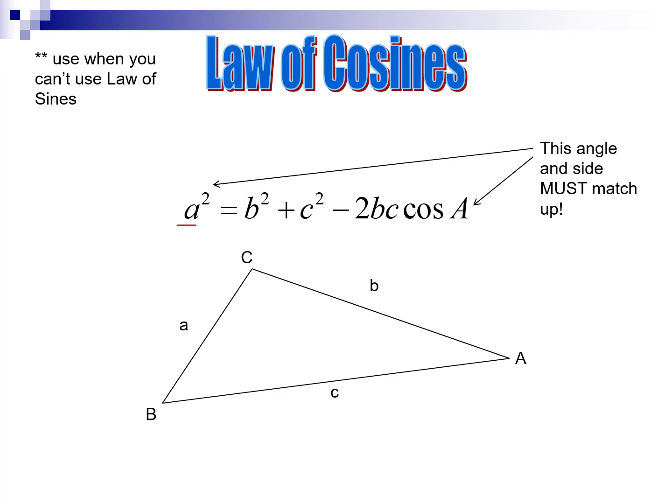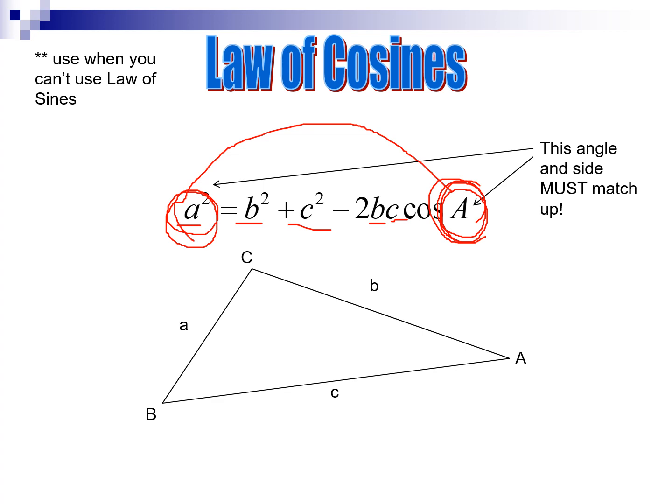So you have side, side, side, side, side, and then only one angle in the entire formula. Okay, and that angle is very specific. Whatever angle goes here, the side must go here in the formula.